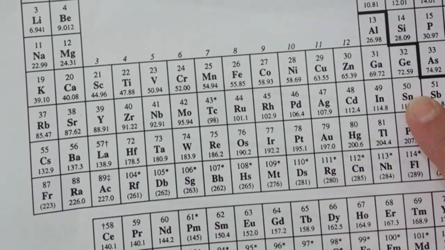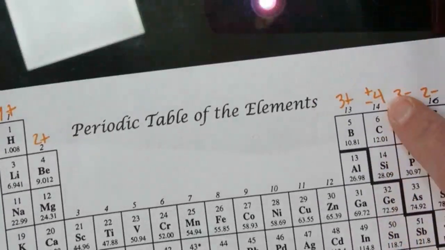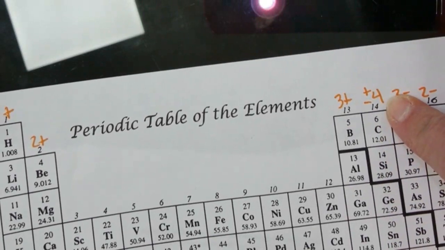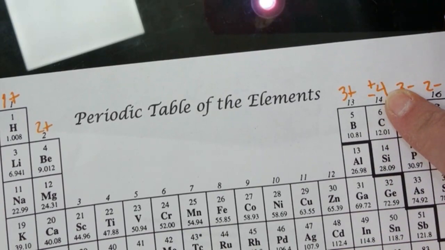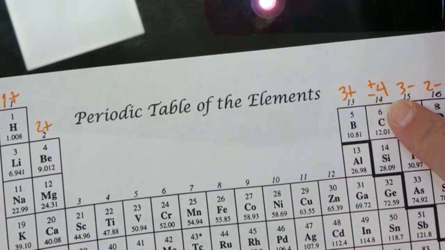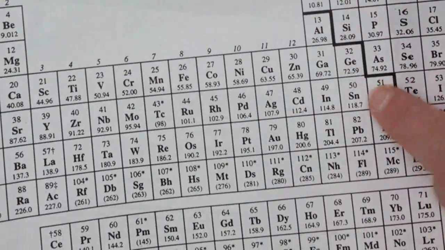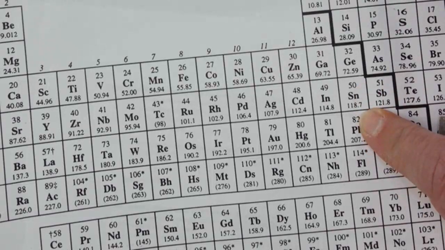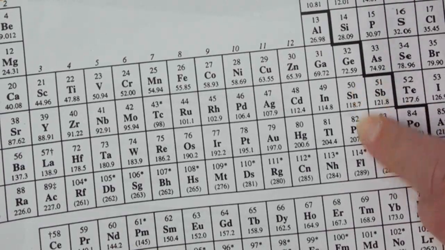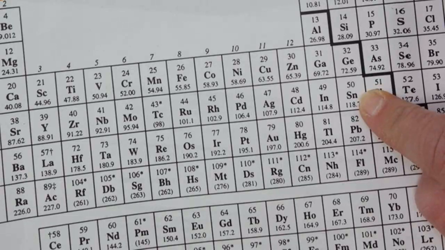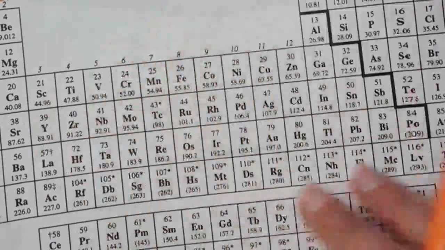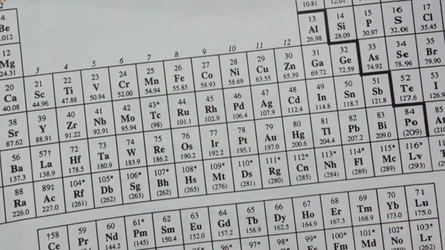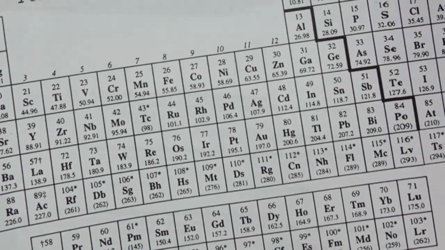Tin and lead, notice tin and lead are in our 4 column, and if you remember, I said this column, we put the plus or minus 4 just as a placeholder, but it's not really a plus or minus 4. So tin and lead are also going to behave as variable charges. This comes from our element and ion quizzes. Make sure you go back and you review them.